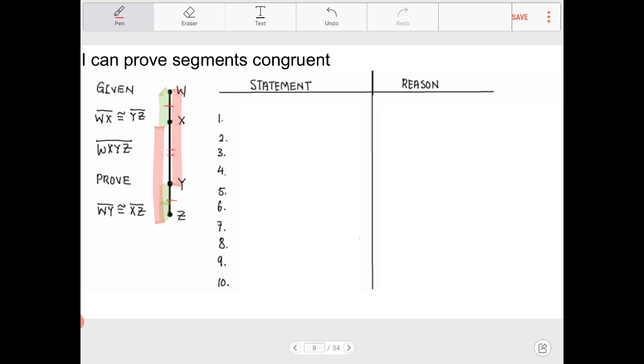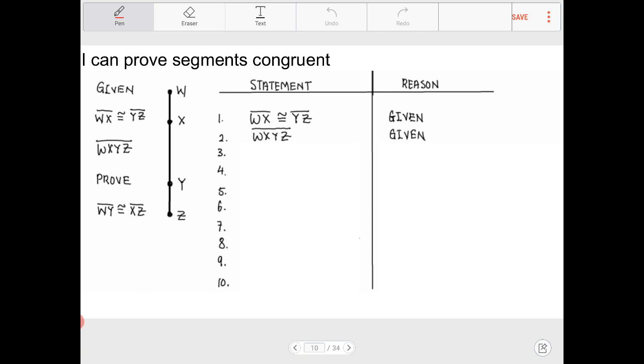Okay, so let's write down all the givens. Those statements are true because they are our givens. Now, again, there is a small difference between congruence and equality. For our purposes, I'm going to treat congruence the same way I would equality.